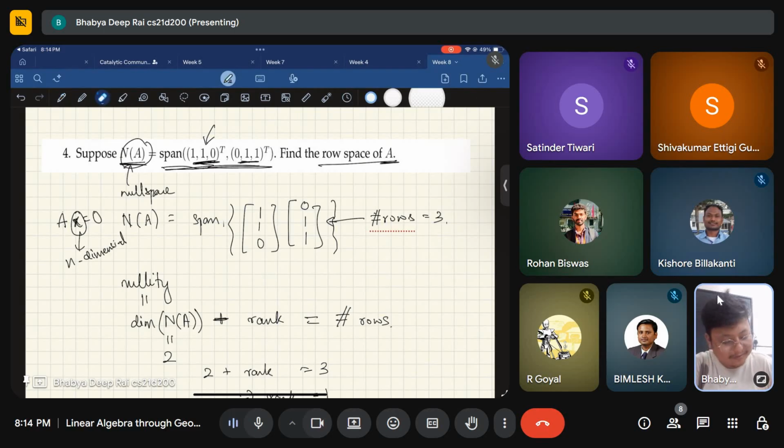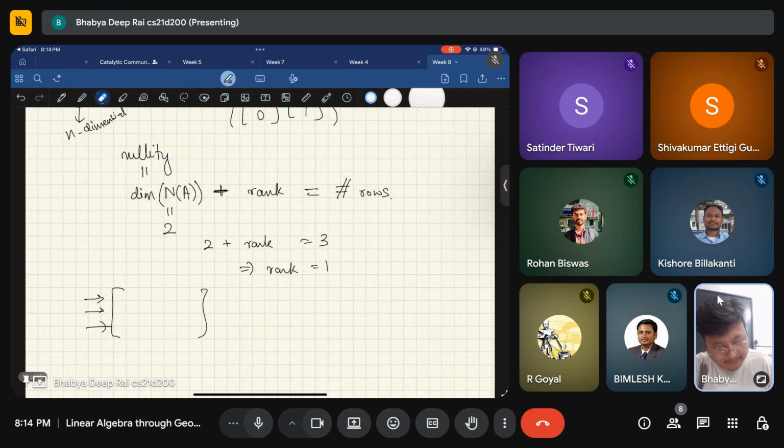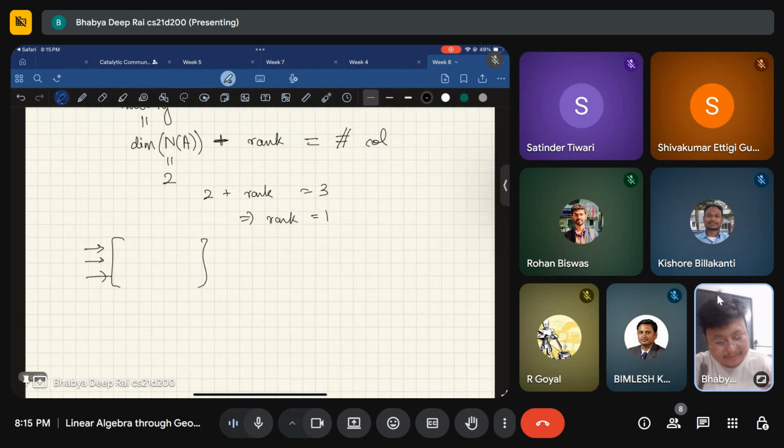It should have 3 columns instead. That's correct. So A should have 3 columns. And this is also not left nullity, it should be nullity, which is what the question is. Okay, yeah. 3 columns, so rank is 1.